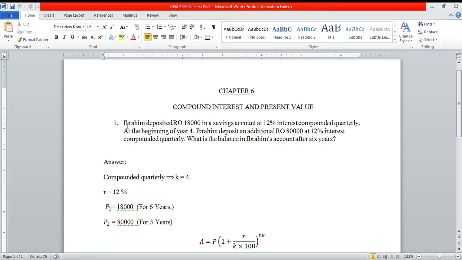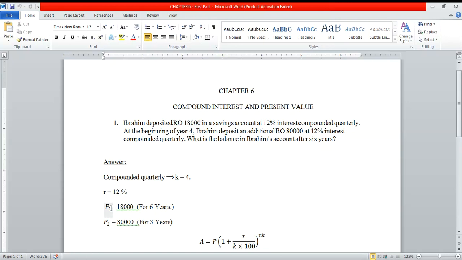Look at the question once more. Ibrahim deposited 18,000 Oman Riyal at 12 percentage interest compounded quarterly. That means the first deposit is 18,000 Oman Riyal.